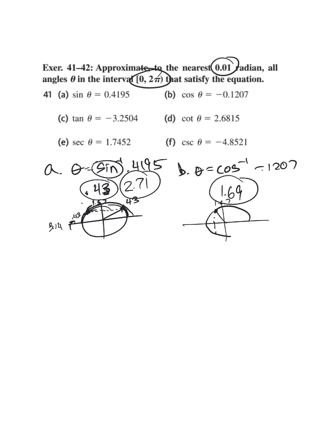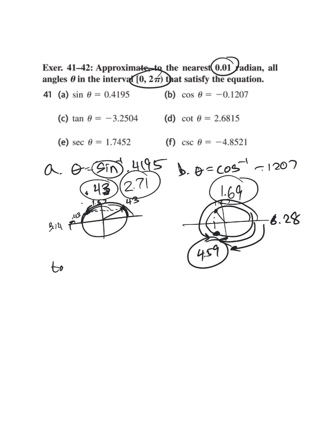So here's the other one where the x value gives us the same amount going the other direction. How do we get to there? We take 6.28 and we subtract the 1.69, and we get 4.59. So that is the other one for B.